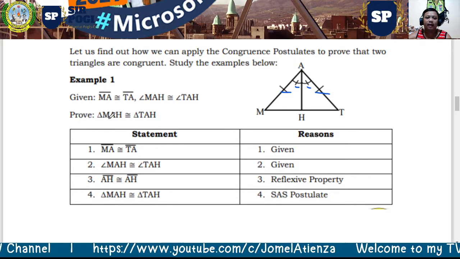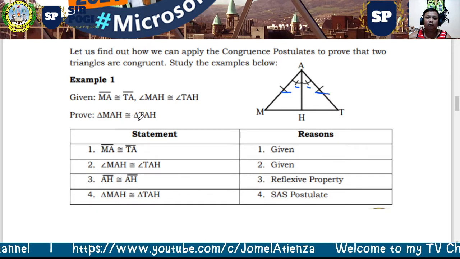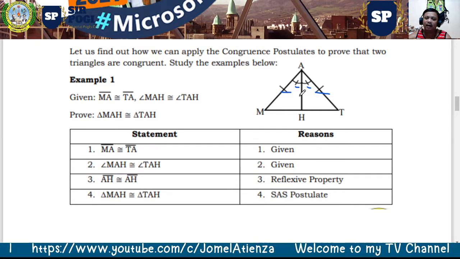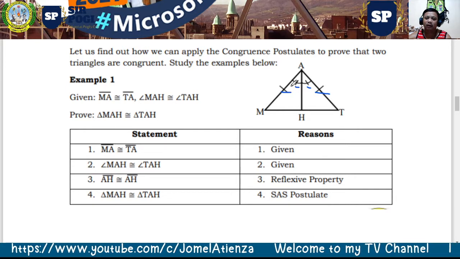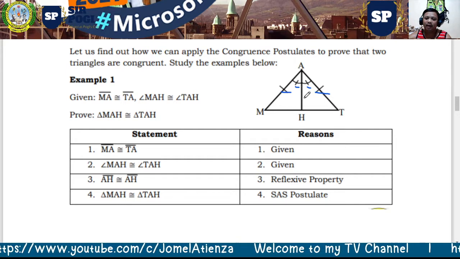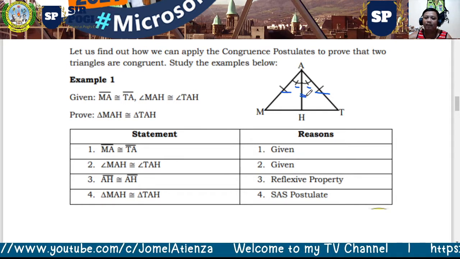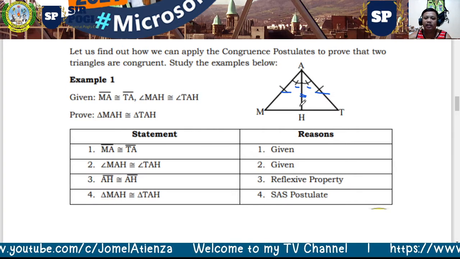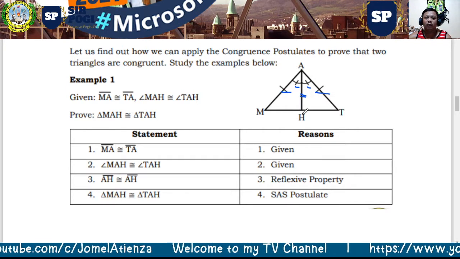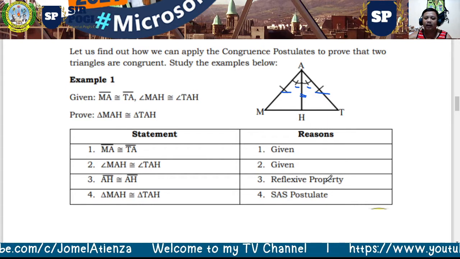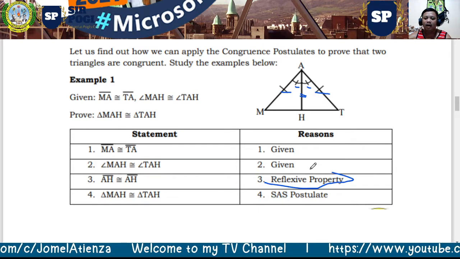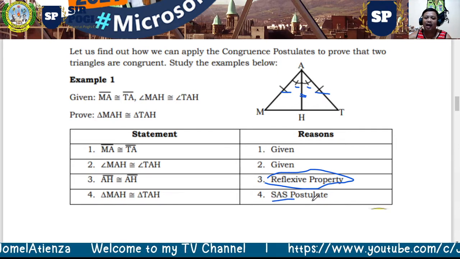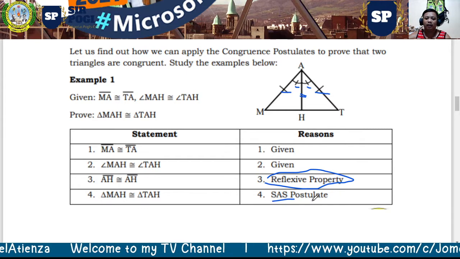So, prove that triangle MAH is congruent to triangle TAH. So, sasabihin lang natin na para sila ay maging congruent, ito yung side natin, then the included angle. So, ito lang yung ating hahanapan ng reason kung bakit sila equal. So, AH is equal or congruent to AH, and that is the reflexive property of equality. So, magagamit na natin ngayon ang side-angle-side postulate. Okay?